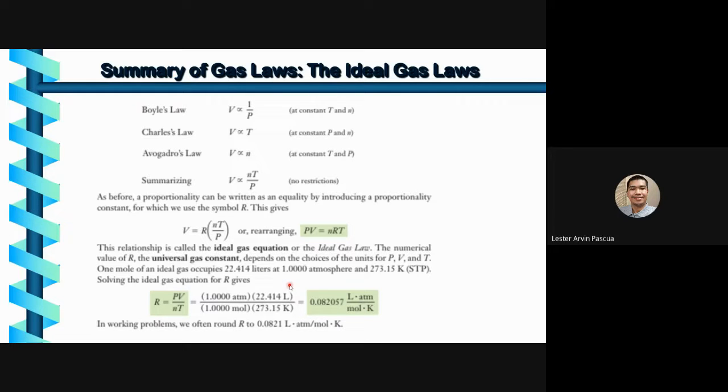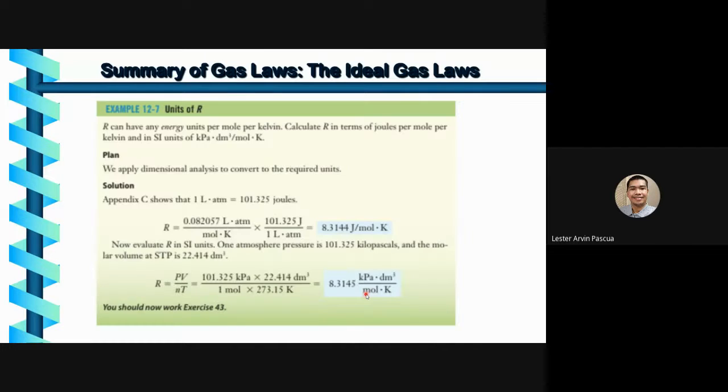You still have to convert. Okay? Kailangan mong mag-convert such that magka-cancel out yung units mo in your dimensional analysis. So yun yung medyo nagpapahaba actually ng mga calculations sa gases kasi ang daming kino-convert pag iba-iba yung units na given.